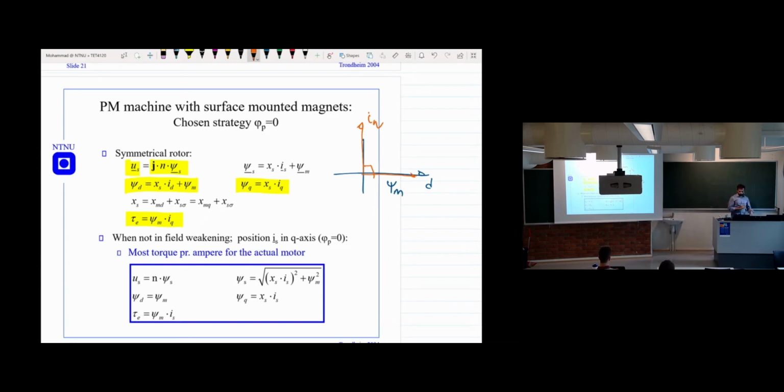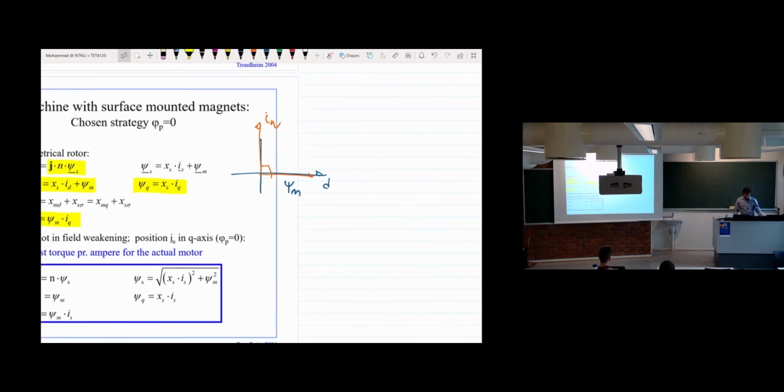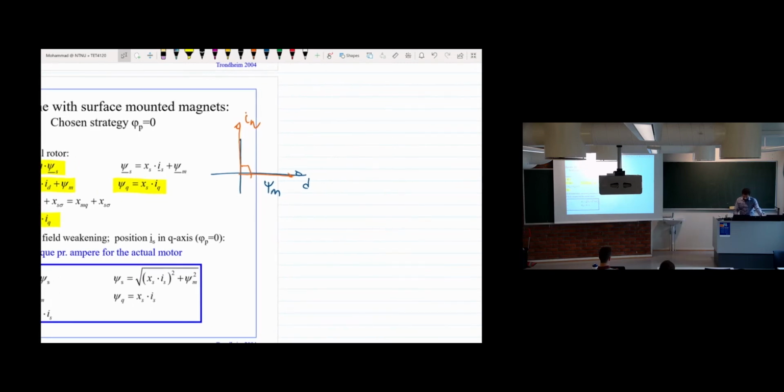I want to give you one numerical example. In the last lecture, I said that I'll try to include some numerical examples. For example, we are considering one machine which has the stator reactance Xs, let's say 0.3 per unit. And the magnet flux, psi m, we say it has 0.66 per unit.